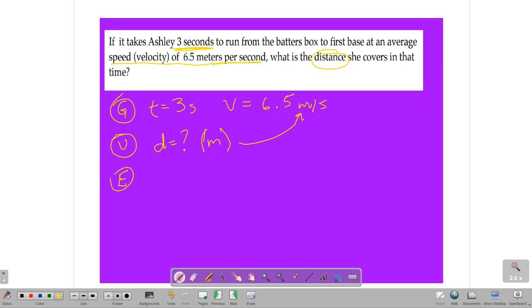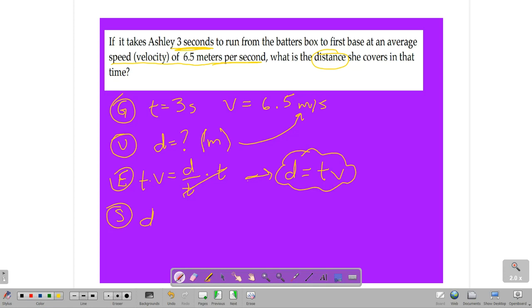Okay, so let's manipulate that equation again. We got to get t off of the right side, so we need to multiply by t on both sides. That'll cancel out on the right, and that's going to give us distance is equal to t times v. We can now substitute our values in.